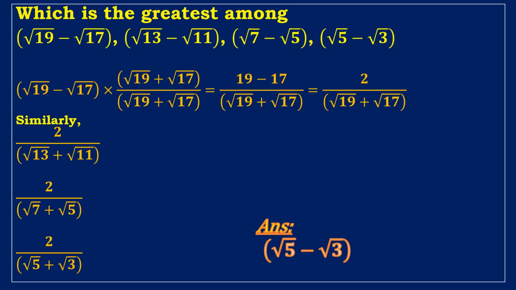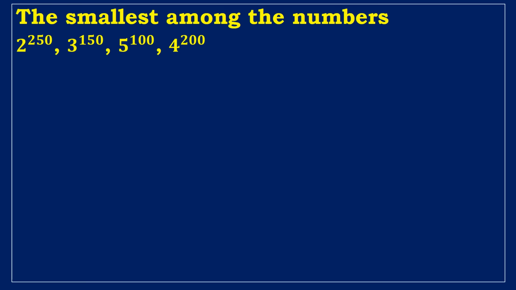Let's take another example to better comprehend this concept. Which is the smallest value among the numbers? 2 power 250, 3 power 150, 5 power 100, 4 power 200.